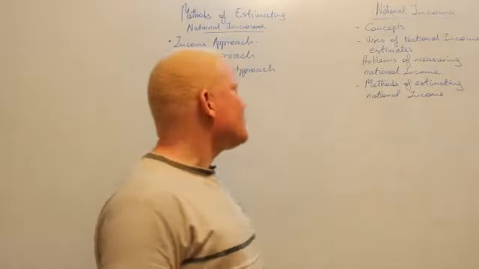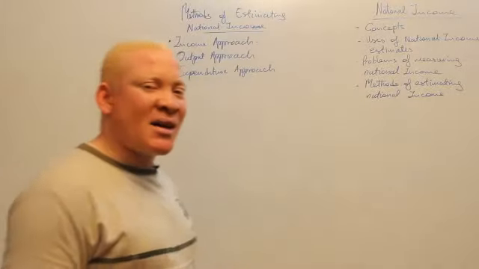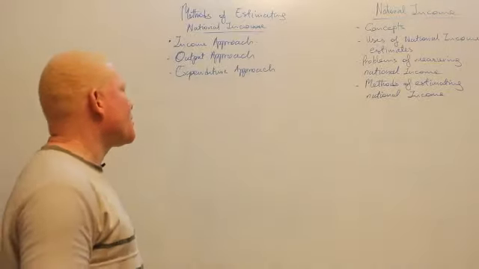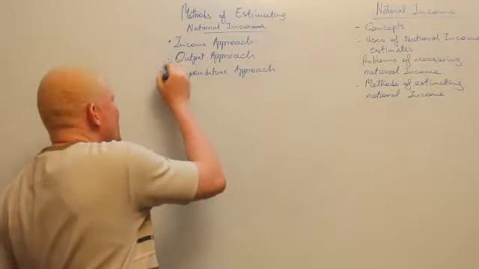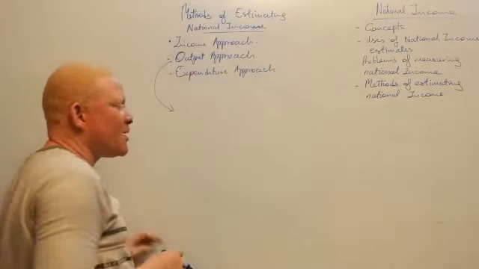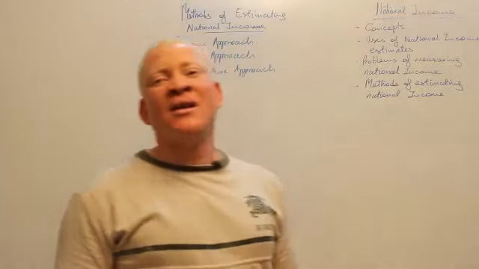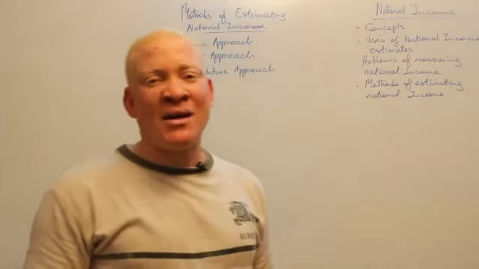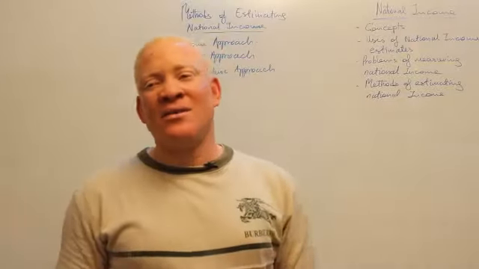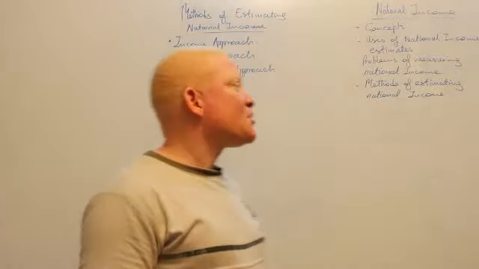So the value of intermediate products is excluded, but only final products are included in the calculation. Where the value of final output is not given, we use the value added approach to estimate national income using the output approach.